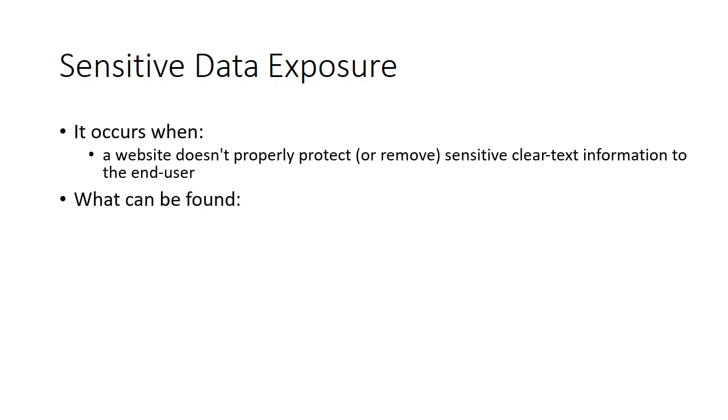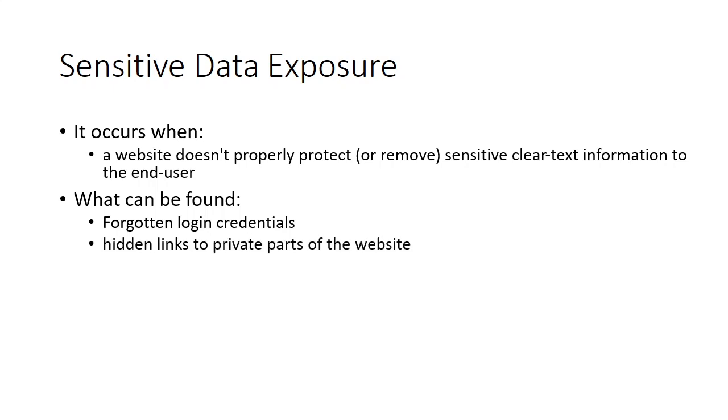We know that websites are built using many HTML tags, all of which we can see simply by viewing the page source. So a website developer may have forgotten to remove login credentials, hidden links to private parts of the website, or other sensitive data shown in HTML or JavaScript.